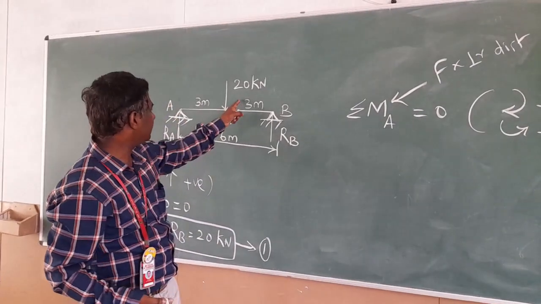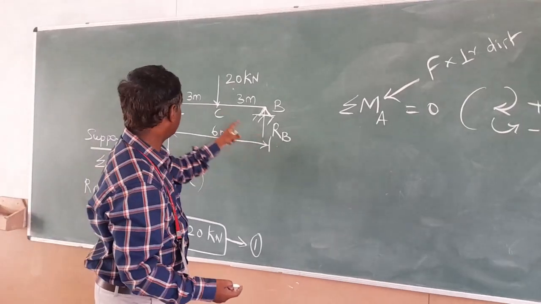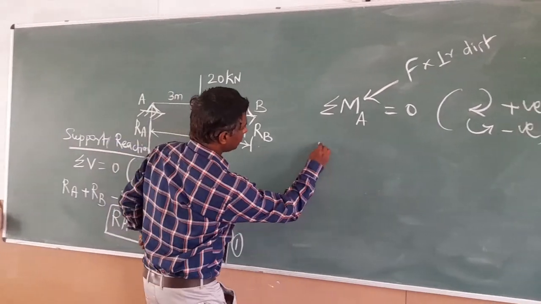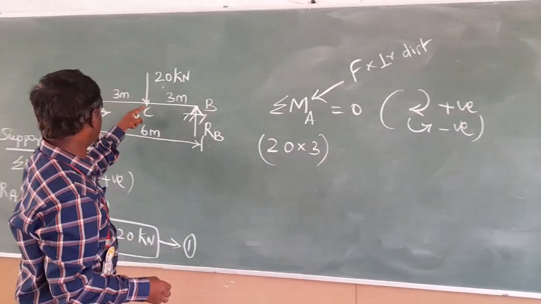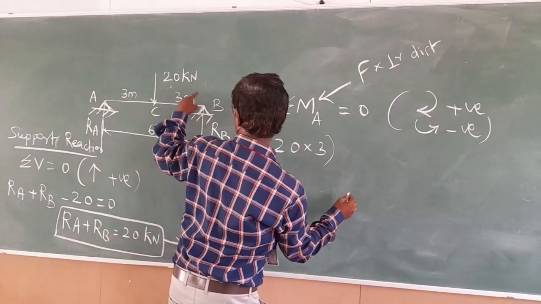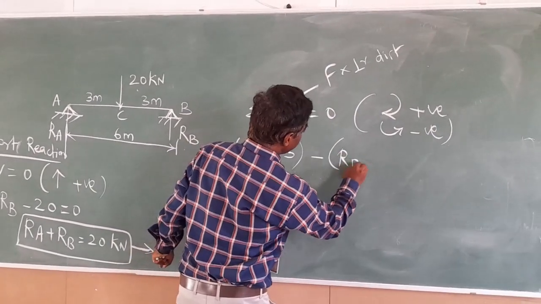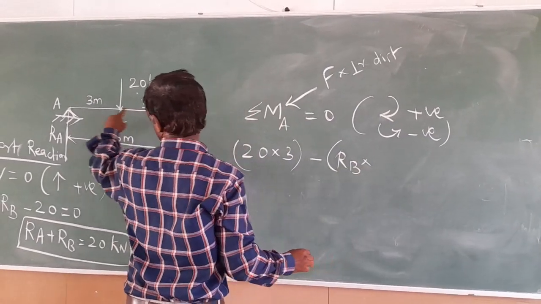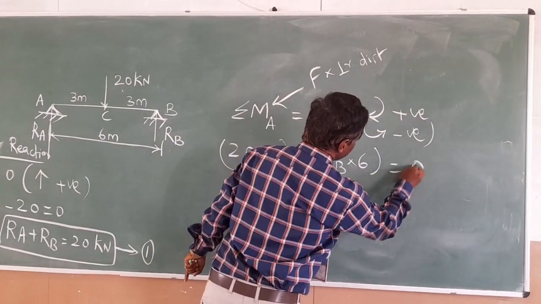So I have to concentrate only on the 20 kN and the RB value. Since it is clockwise, 20 into the perpendicular distance 3, and this is anticlockwise, so it is negative, RB into the total 6 meters, equal to 0.